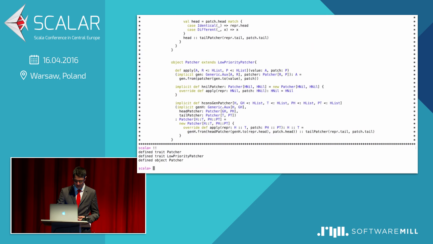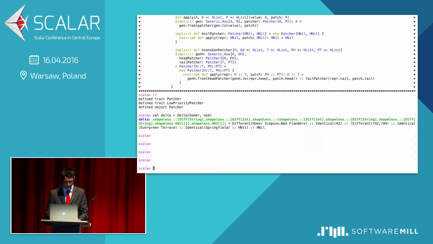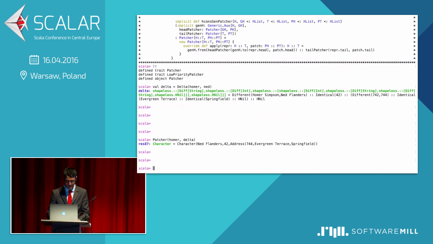So if that compiles, yeah, I can, for example, transform Homer into Ned. Let's compute the delta first. It's simple. I take Homer, and I apply the delta to it, and I obtain Ned Flanders.